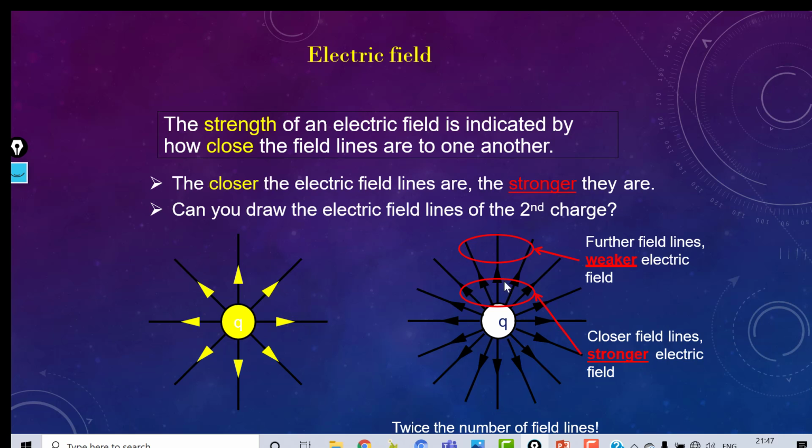So the electric field is stronger in this region, but it is weaker in this region. So the conclusion is that if I place another charge very close to Q, then it will experience more force. If another charge is placed far away from Q, then it will experience very less force.